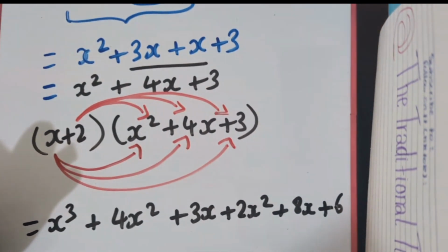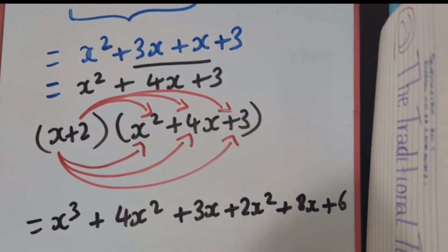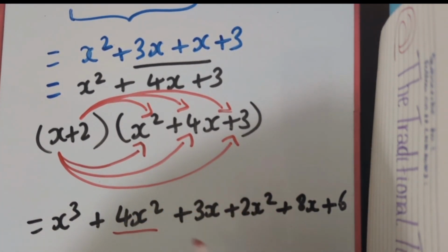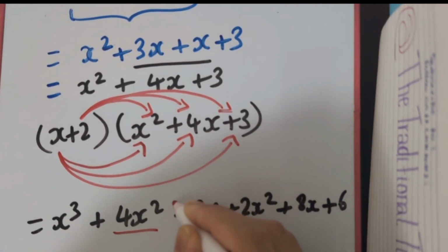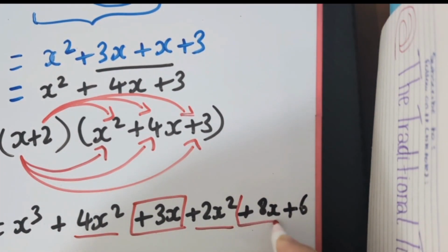Now it's just a case of collecting all your like terms together and making this look less horrible and more compact. Our like terms are as follows: we've got 4x squared and 2x squared, and we've got 3x and plus 8x.